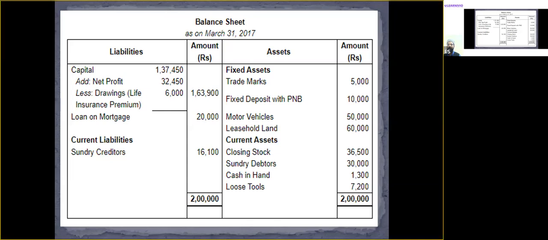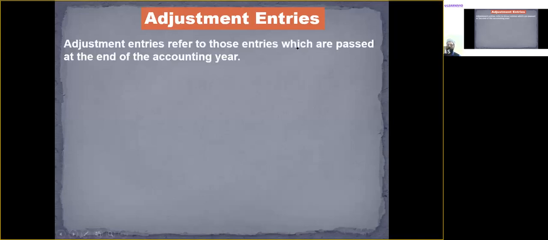The next topic we have is the adjustment entries. So what is an adjustment entry and how do we do it? Adjustment entries refer to those entries which are passed at the end of the accounting year. The question arises why there is a need to pass adjustment entries.